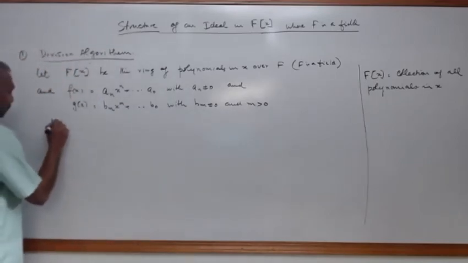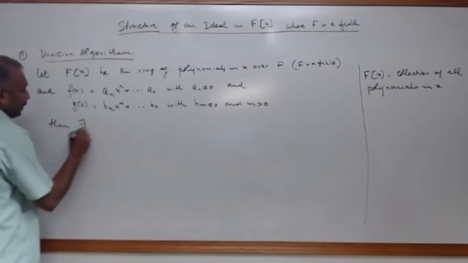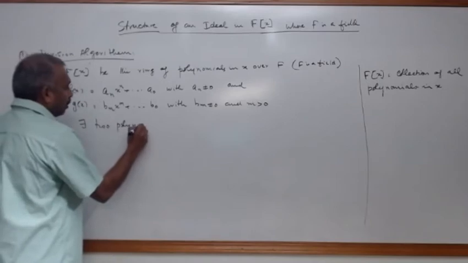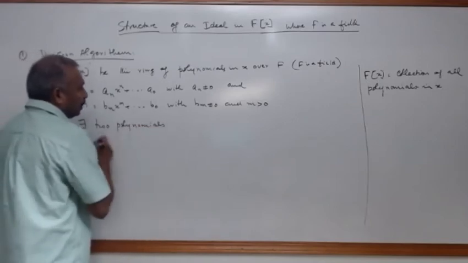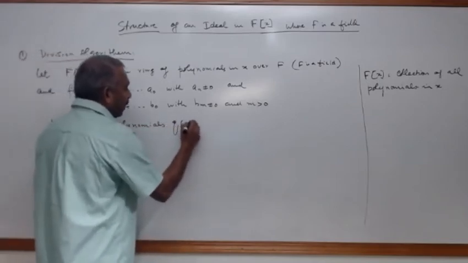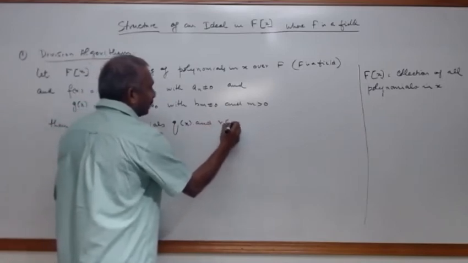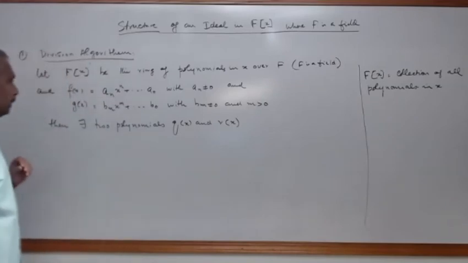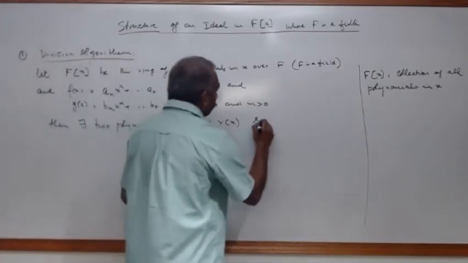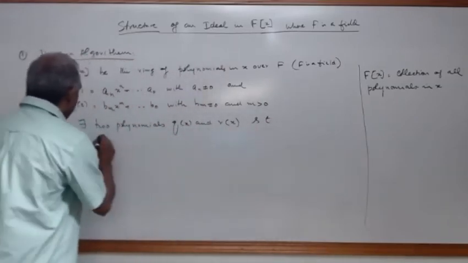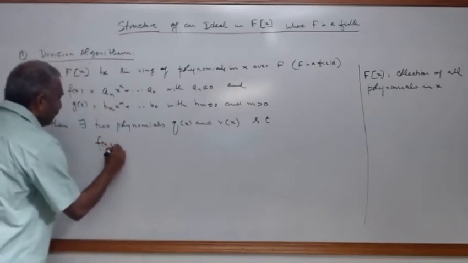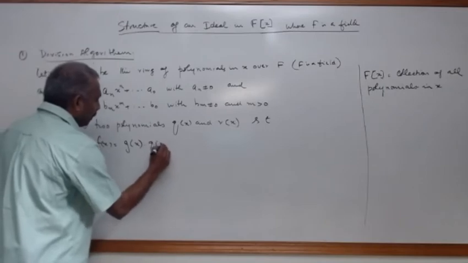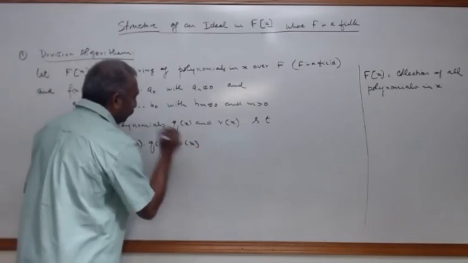Then there exist two polynomials q of x and r of x. This is called quotient, this is called remainder, such that f of x is equal to g of x times q of x plus r of x.